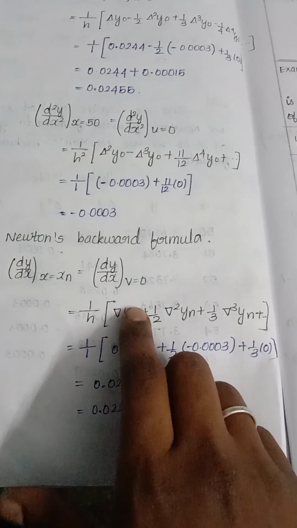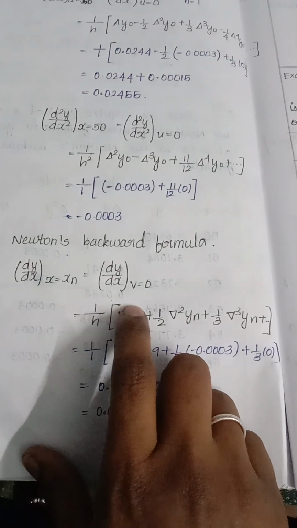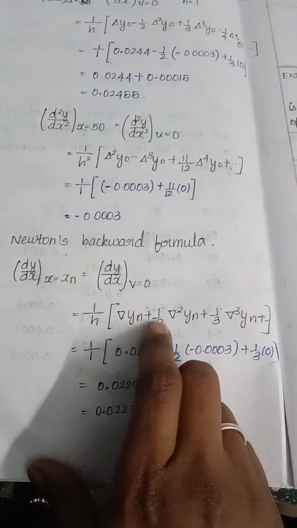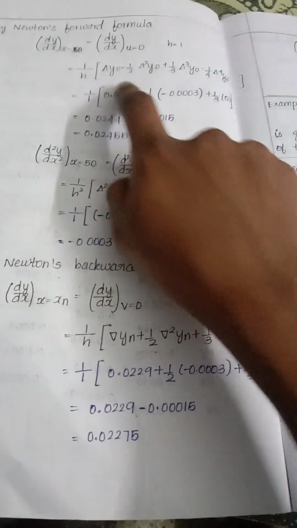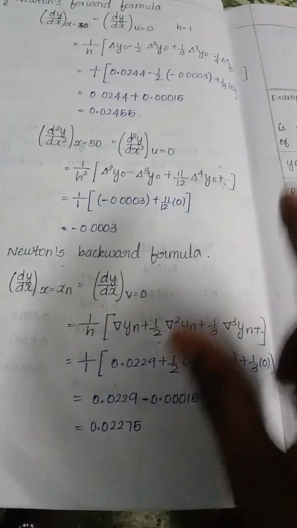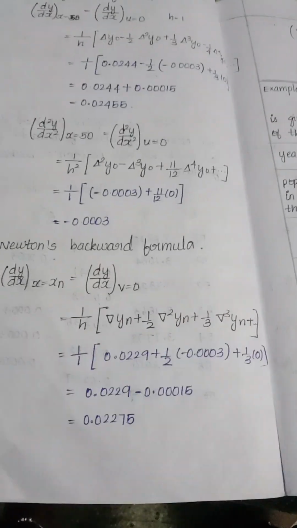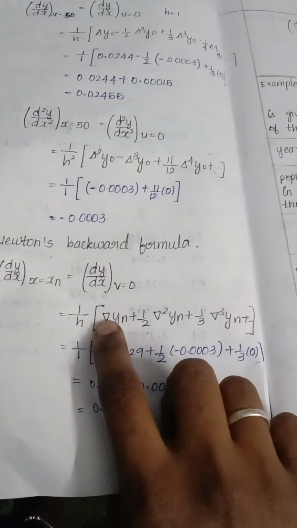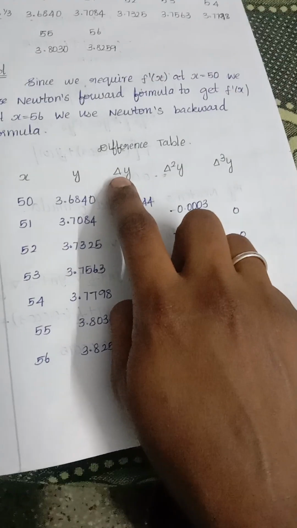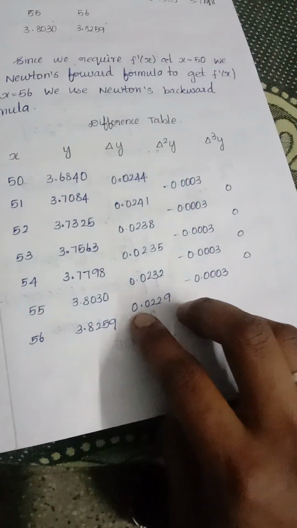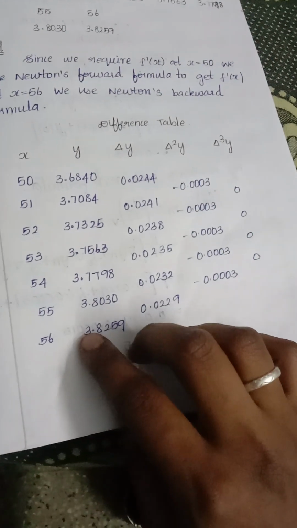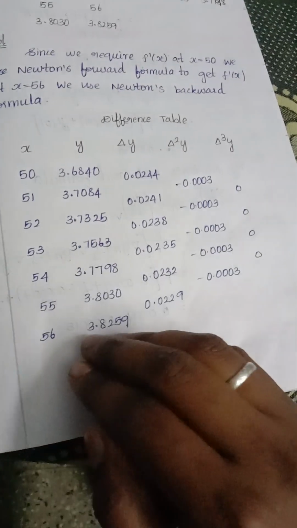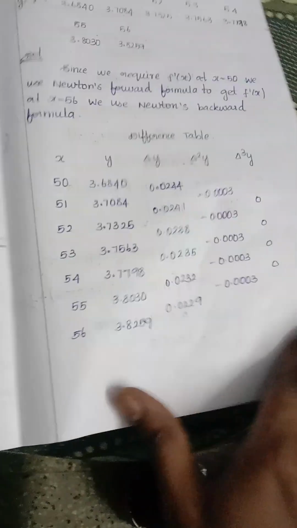If we substitute the values, we use the backward formula: del yn plus 1 by 2 del square yn, the same formula, but here all the terms are plus terms. We have to see the backward terms.